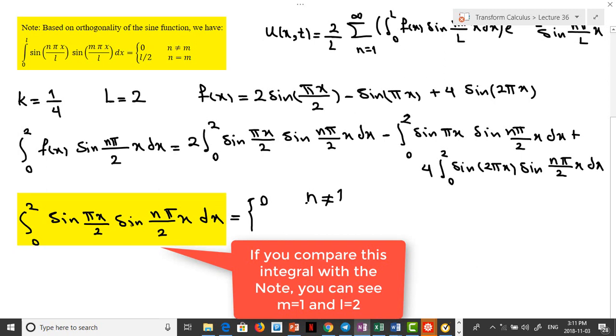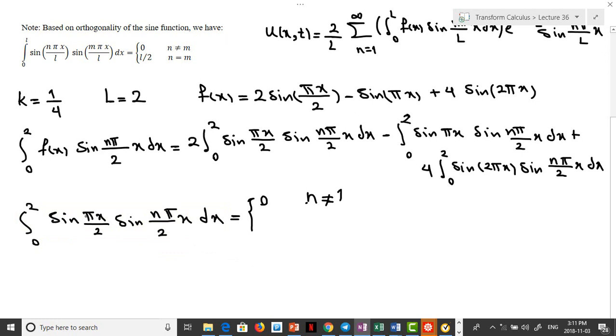Why? Because in this case n is equal to 1, and it's equal to L over 2, so L is equal to 2, 2 over 2 is 1, if n is equal to 1.